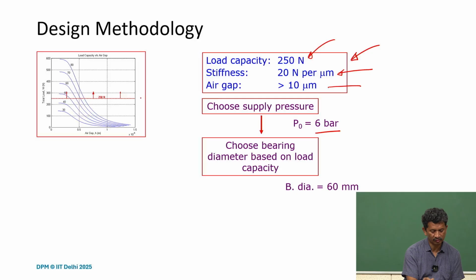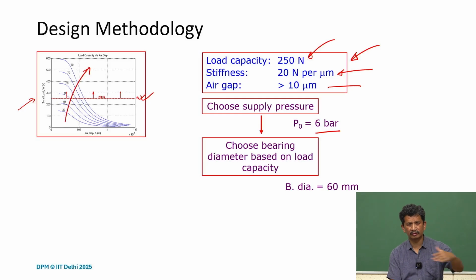a 250 Newton load. It's a total load versus air gap plot, for different bearing diameters, 30 to 80. If we just put that 250 Newton line, we realize that 20 or 40 may not work because the load capacity for the given pressure may not be enough.